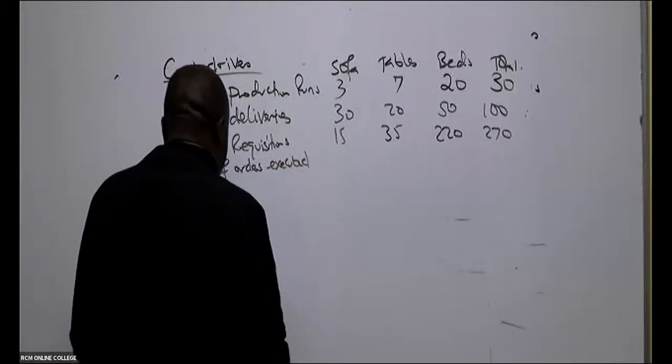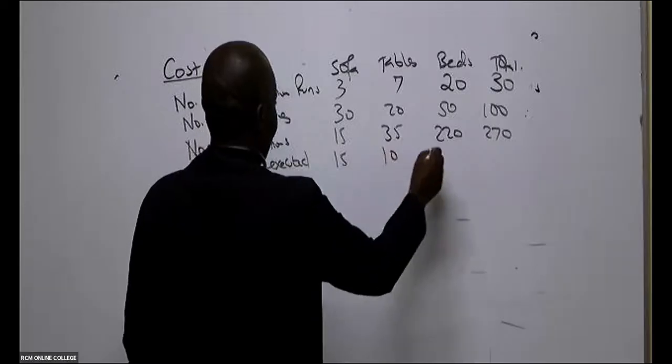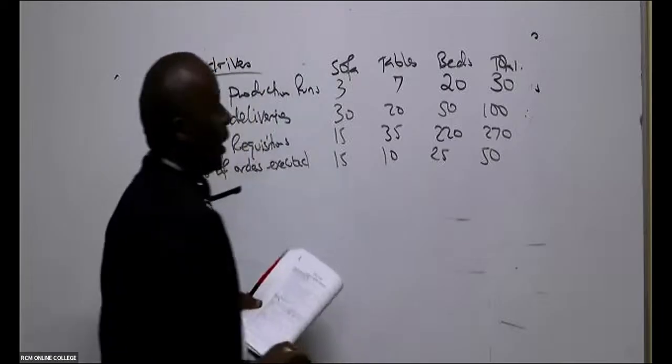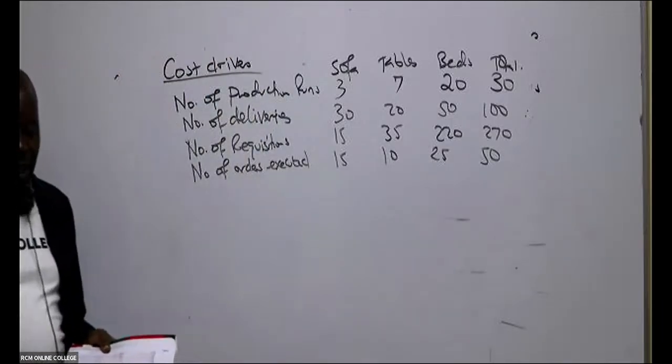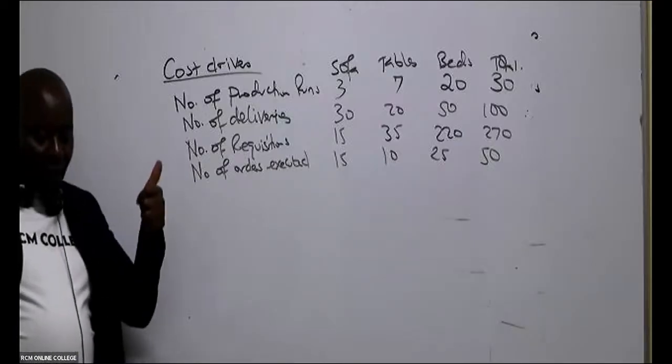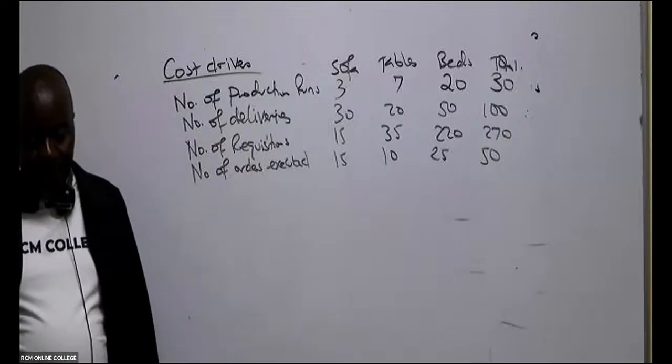I have to understand this: 15, 10, 25, giving us 15. Let me know once you are able to copy up to there. Once you are able to write up this table, would you kindly put your thumbs up or simply tell us yes?